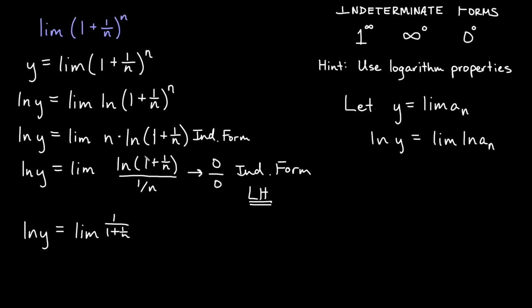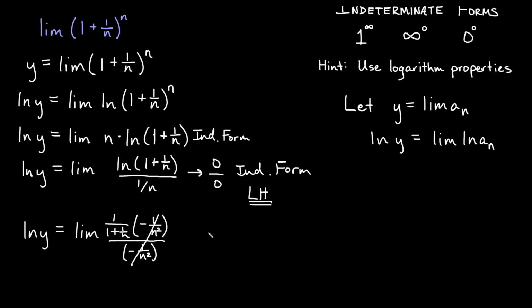The derivative of the 1 is 0. Derivative of 1 over n is negative 1 over n squared. And then a similar thing happens on the bottom. We have derivative of 1 over n, we get negative 1 over n squared. And so we get some reducing there.